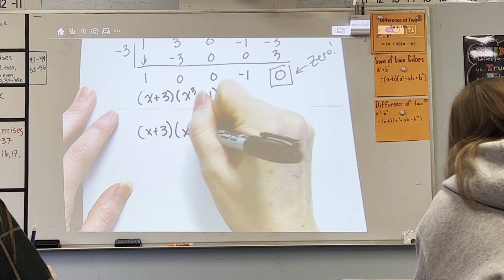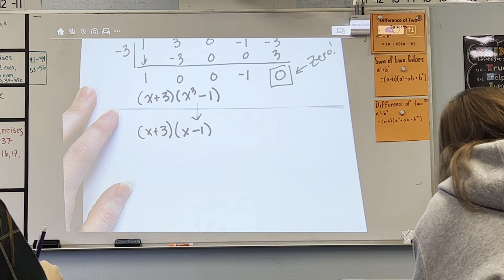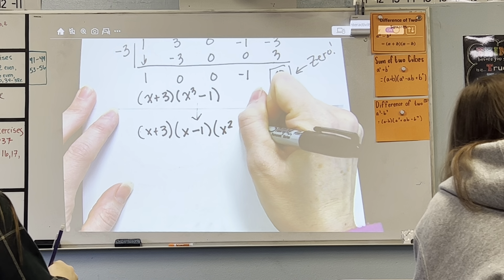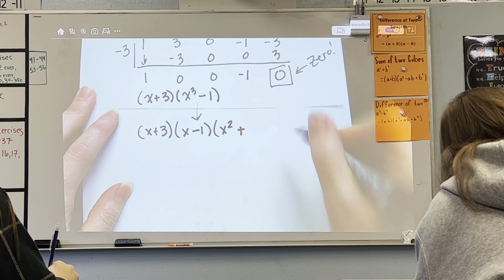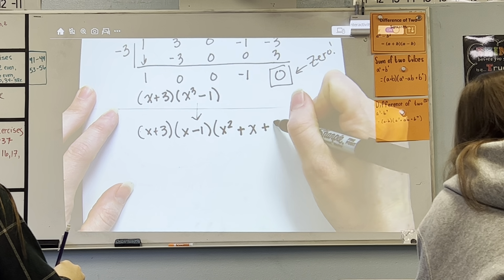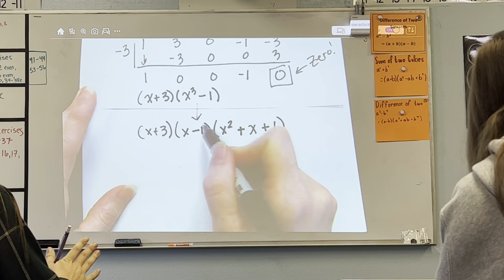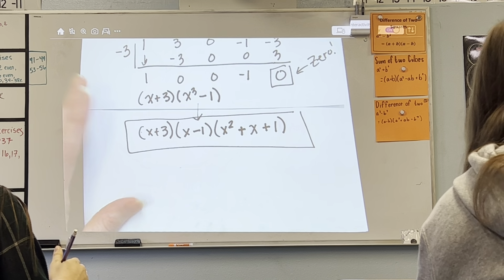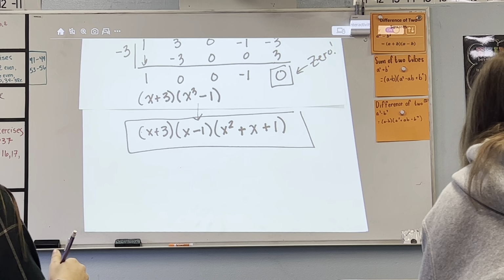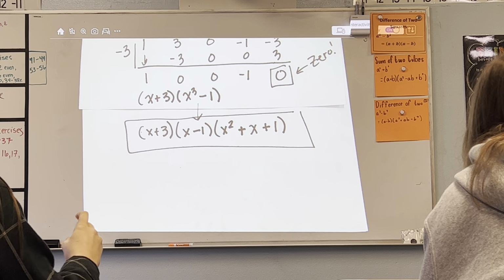So x minus 1, and then x squared plus x times 1 plus 1 squared, which is just 1. And then that is factored. What about the AB? It's x times 1, so we're using the difference of 2 cubes for that.